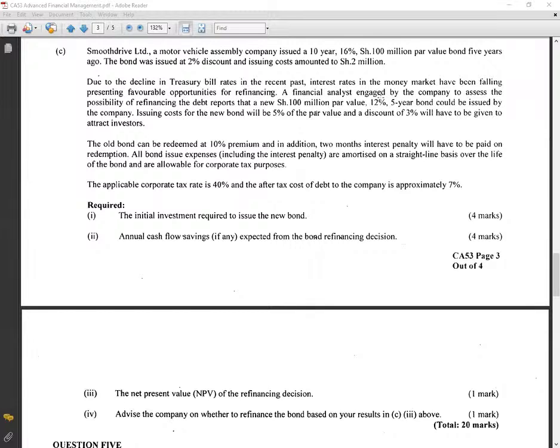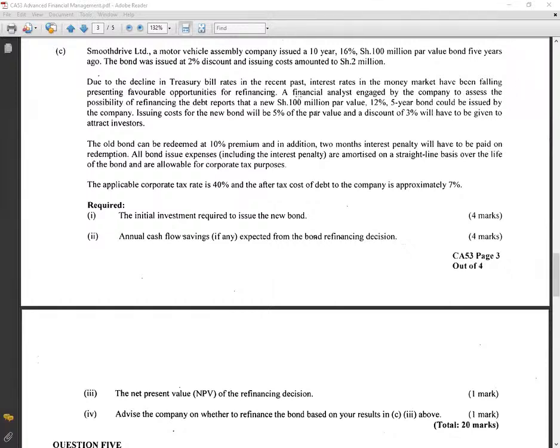So 12% times 100 gives us how much here? It gives us 12. And then now we have the tax benefits. The first one is the interest itself, you take the 12 that you have there. From there, they give us the discount. Is there anybody who is able to see the discount of the new bond?